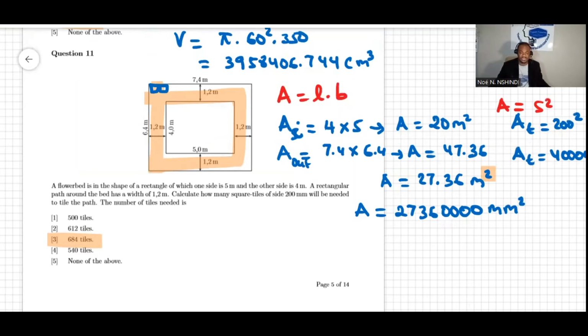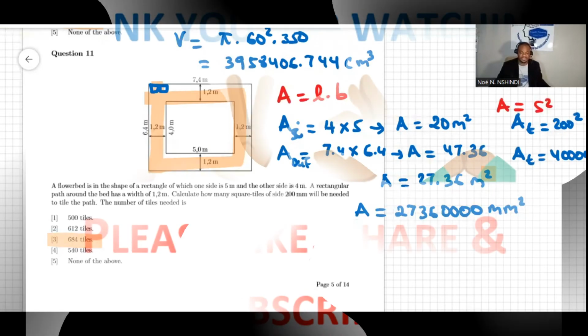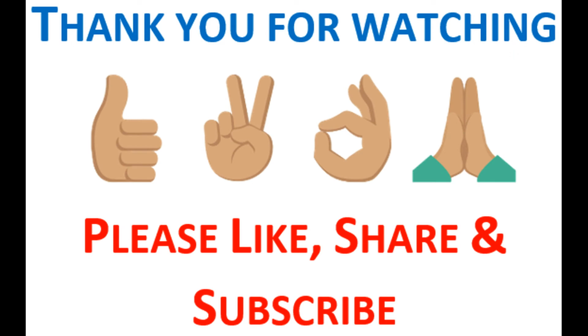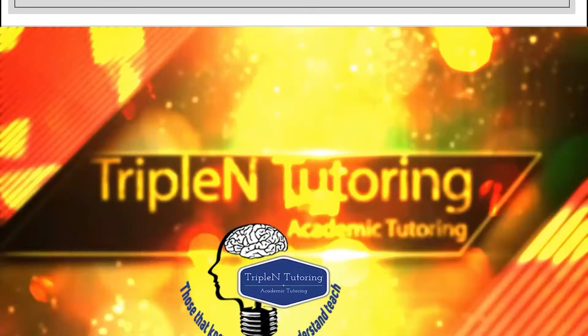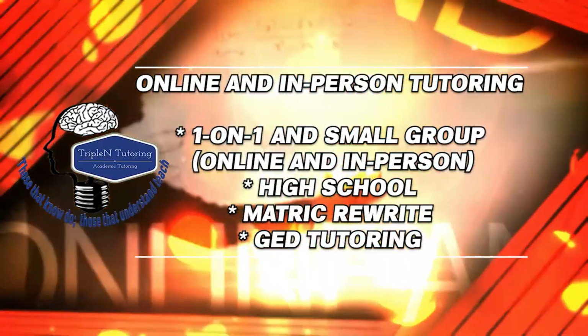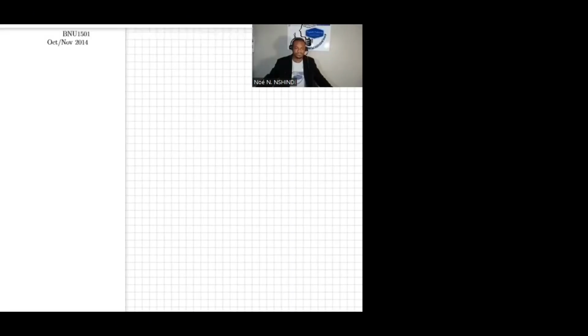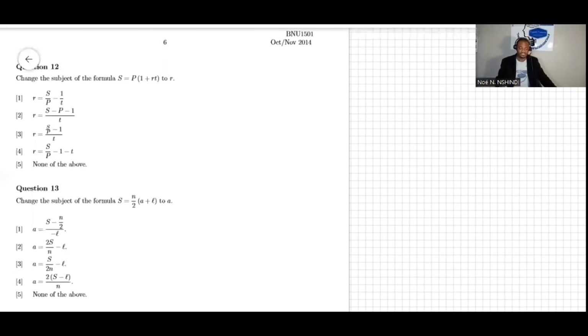The next question, question 12, is on the next page. Question 12 says: change the subject of the formula S equal to P open brackets 1 plus RT to R. So we need to make R the subject of the formula.